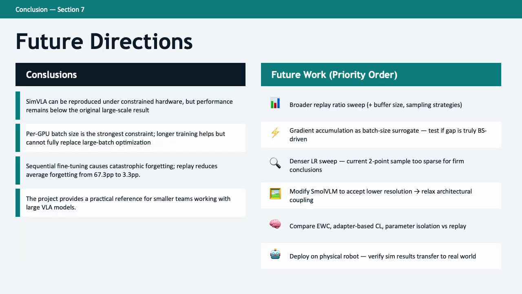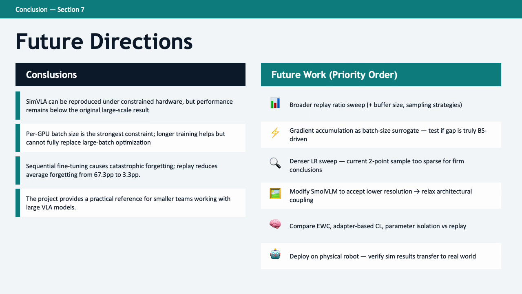In conclusion, we can reproduce SimVLA with weaker hardware, but the performance is still lower than the original result. The batch size for each GPU was the biggest problem, and longer training only helped a little when the batch size was small.